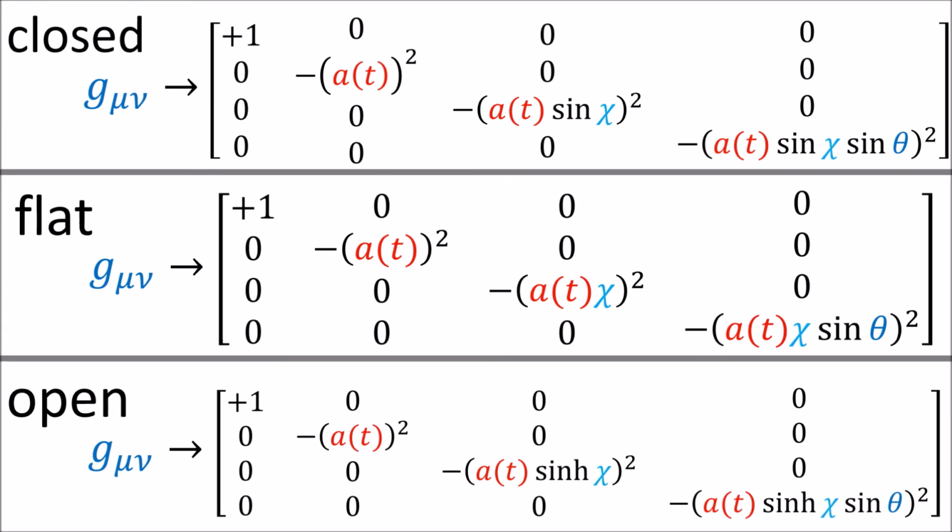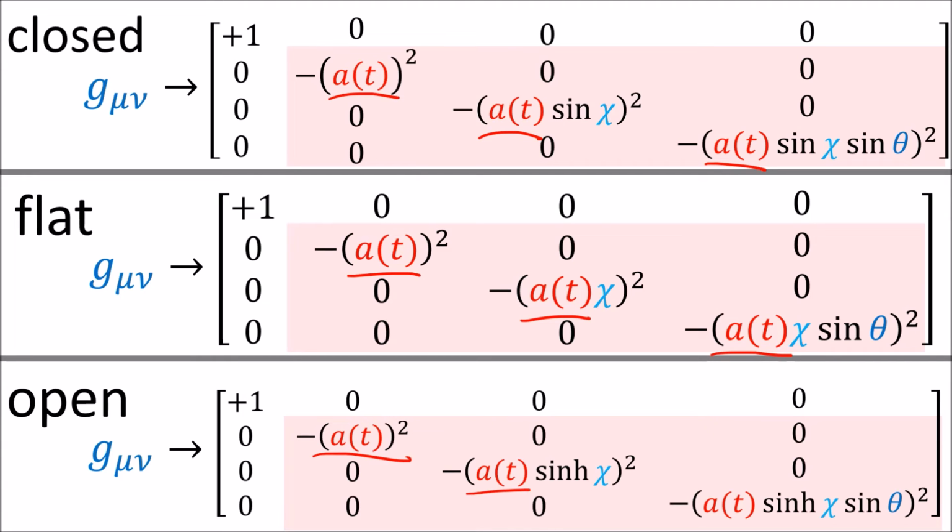We can now insert these 3x3 spatial metrics into the spatial part of our 4x4 spacetime metrics, where the spatial parts are multiplied by the scaling factor a of t, which is consistent with a spatially homogeneous and isotropic universe. I'm also ignoring the capital R parameters for the spherical and hyperbolic geometries, since that's a constant that can be absorbed into a of t, which basically plays the same role of telling us how curved the space is.